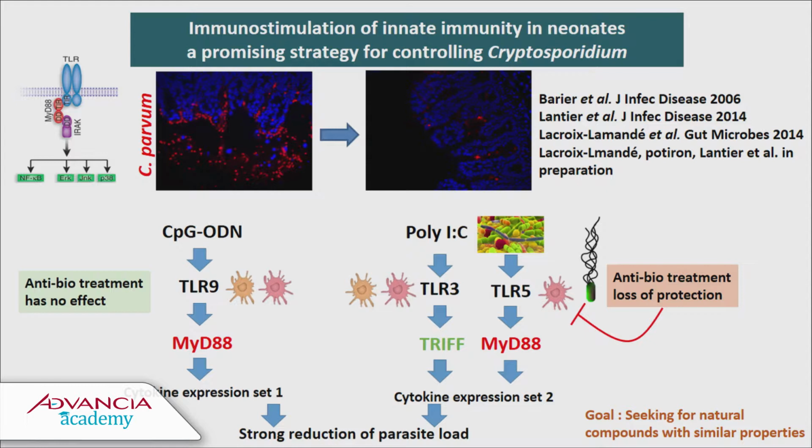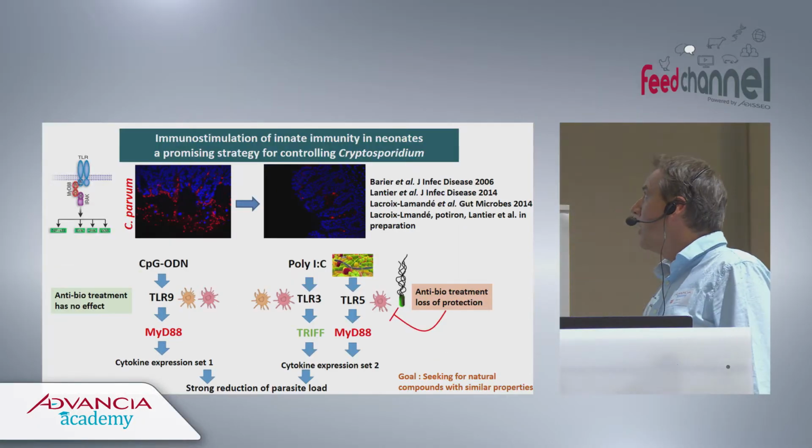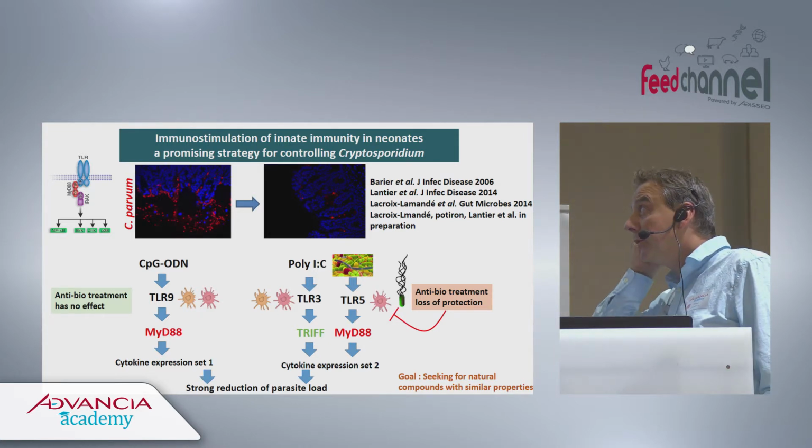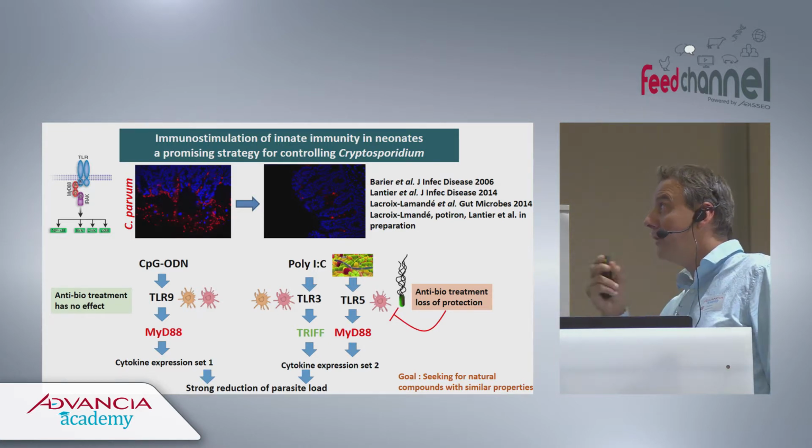We have shown that when we inoculate these agonists into newborn mice, we quickly protect them against Cryptosporidium. Sometimes you can have 90% protection in less than 24 hours, so it was very efficient. What I would like to share with you is that with different models, we got different types of response.